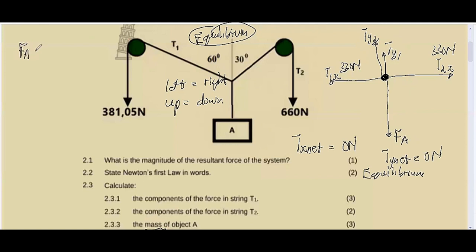So that's Fa is equal to Ty1 plus Ty2, right? What did we get for Ty1? That's 190.53. And then what did we get for Ty2? That's 571.58. Now at this point, you need the aid of your calculator.